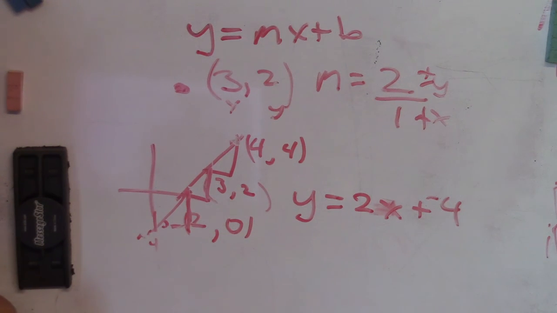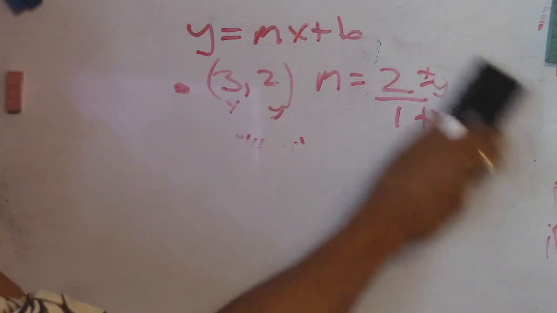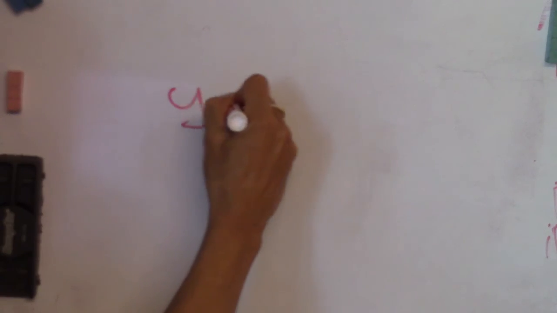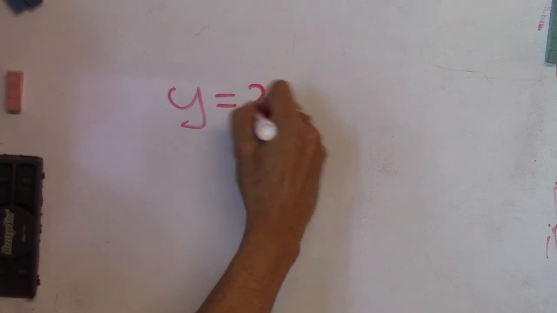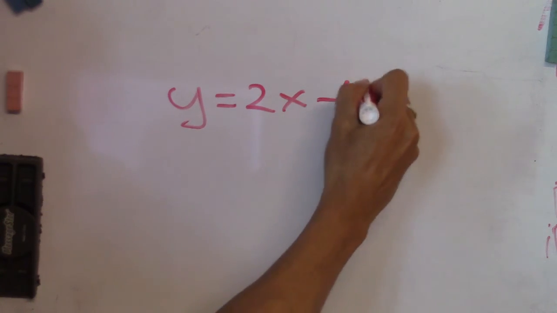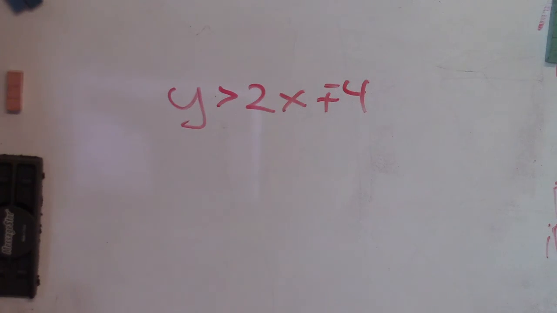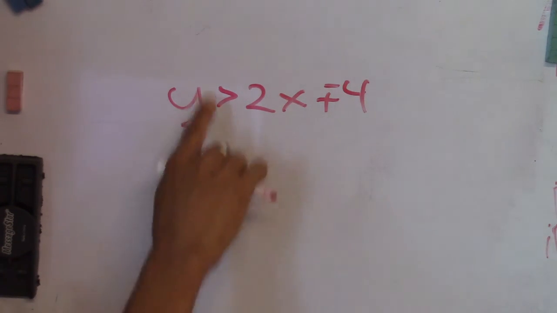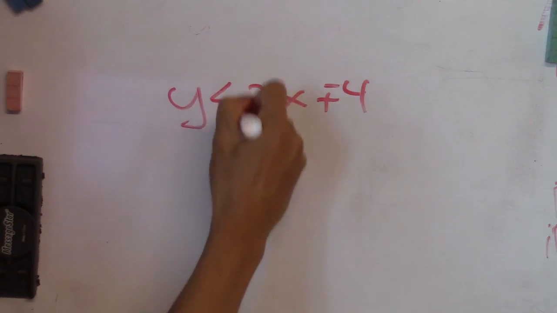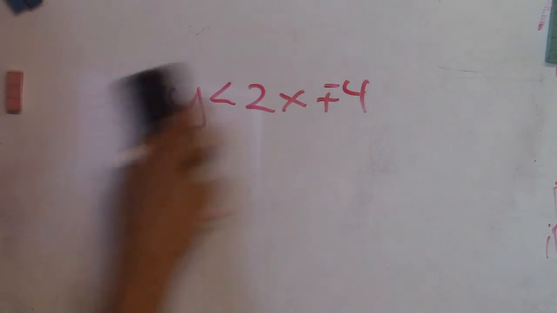Now, here's another thing you got to know about, or I guarantee you they're gonna throw it your way. You're gonna have inequalities, where I have something like, instead of y equals 2x minus 4 plus negative 4, they have y is greater than that, right? Or y is less than that. Now here's the thing.